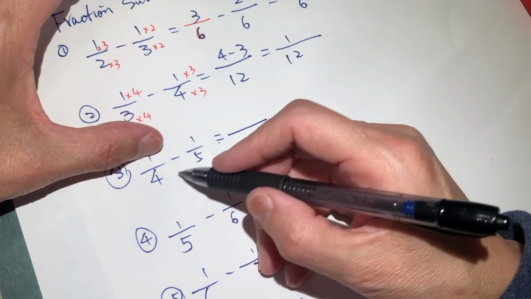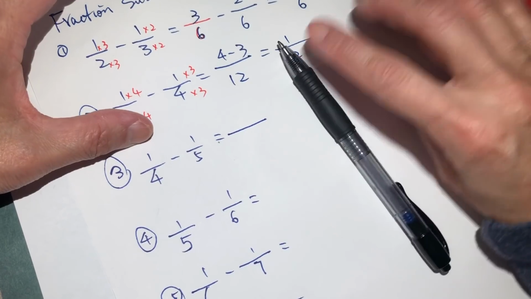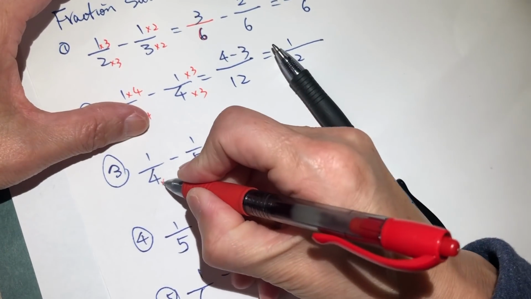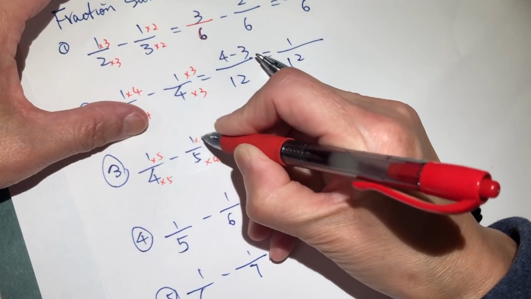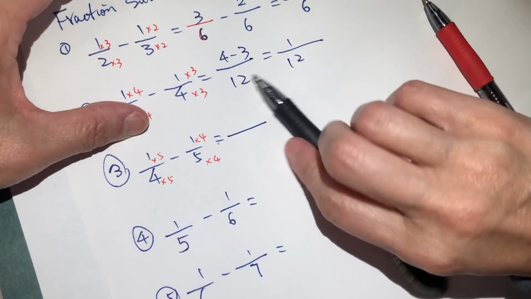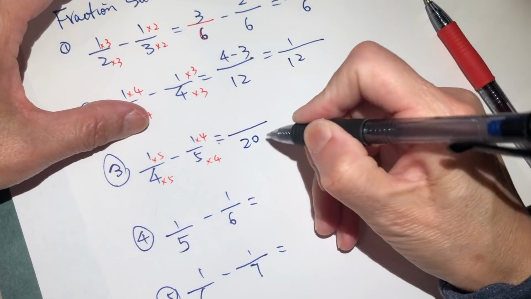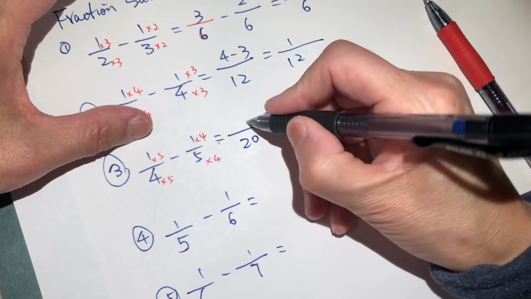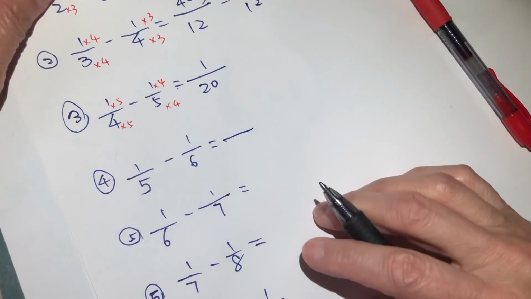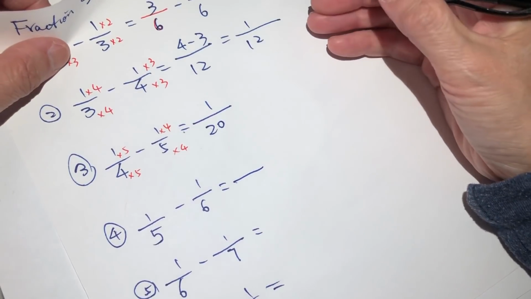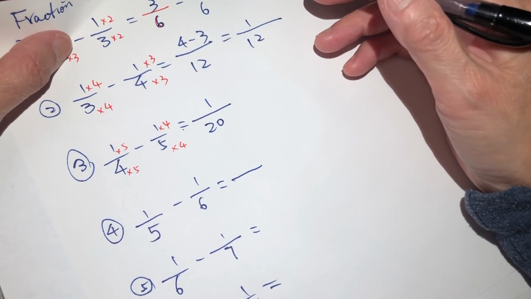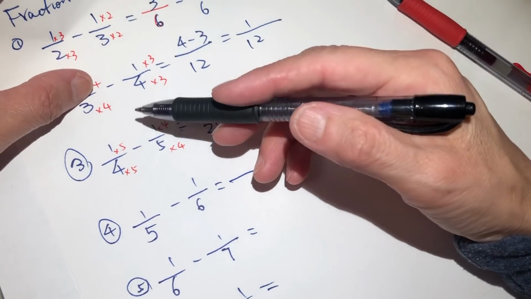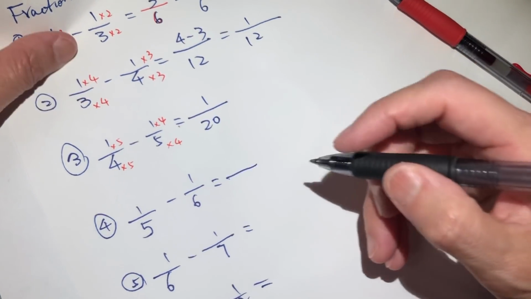And this one, 4 times 5 is, let's do it one more time, 20, and 5 minus 4 is 1. The same thing, we have seen the pattern. The numerator is always 1 and the denominator is the two numbers multiplied together.